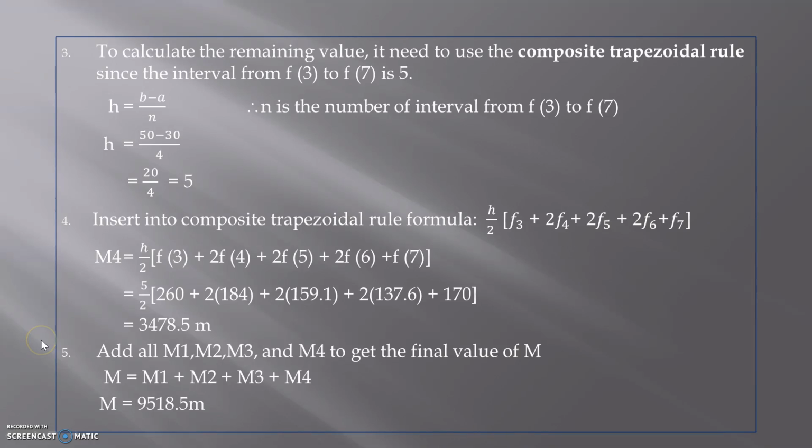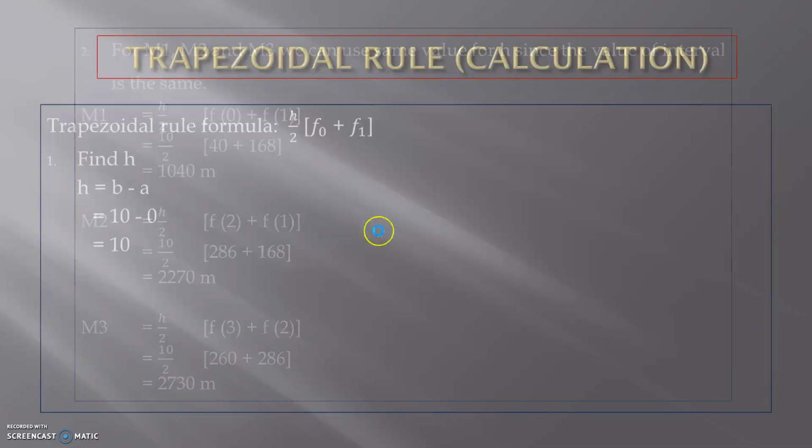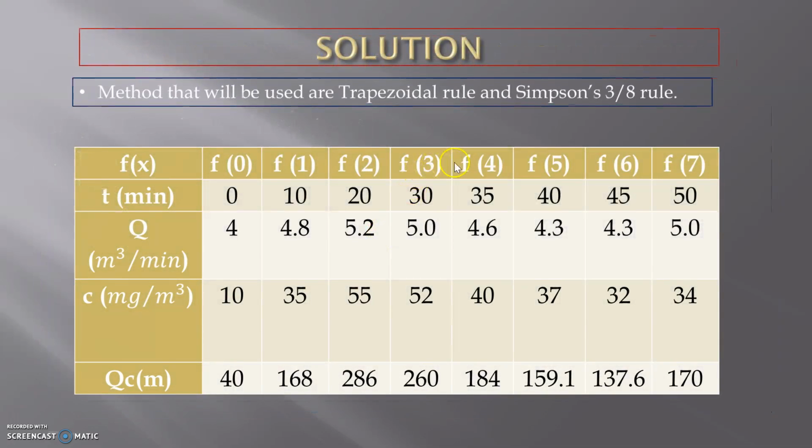Then, to calculate the remaining data, from function 3 to function 7, we need to use the composite trapezoidal rule, because from function of 3 until function of 7 the increment is 5 rather than 10.